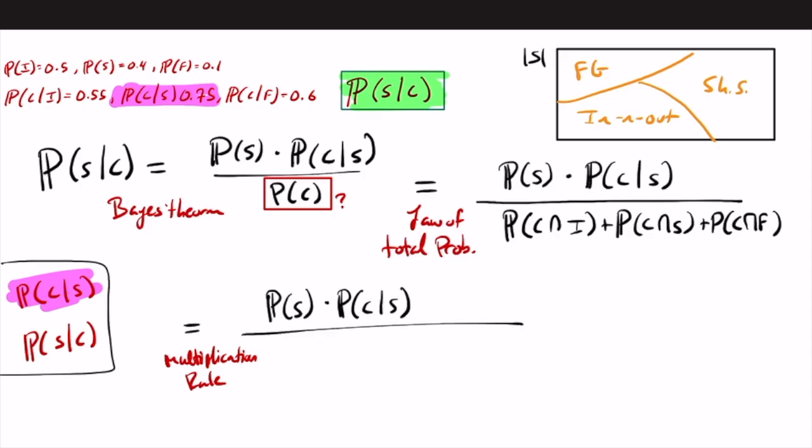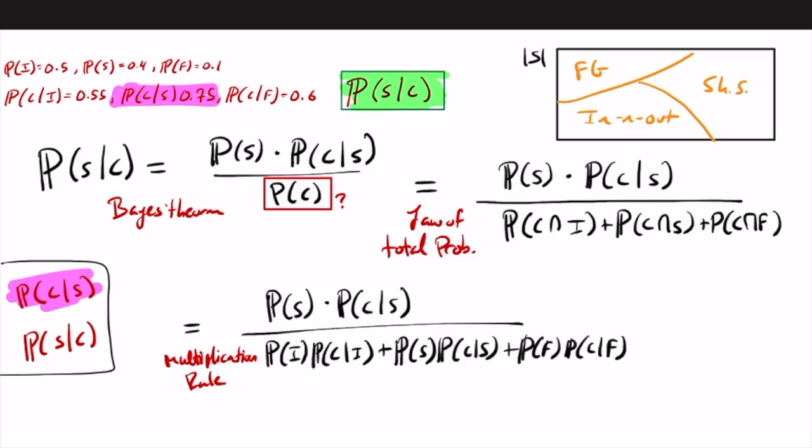And that's going to be the probability of an In-N-Out times probability of a correct guess given In-N-Out plus the probability of a Shake Shack burger times the probability of a correct guess given Shake Shack plus probability of a Five Guys times the probability of a correct guess given Five Guys.